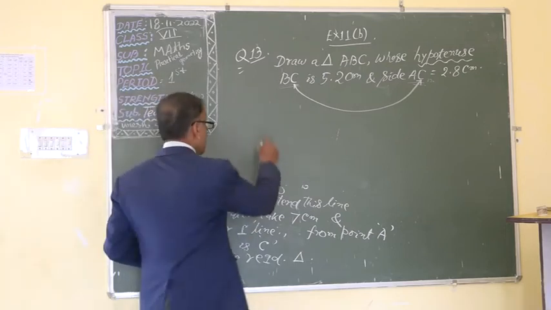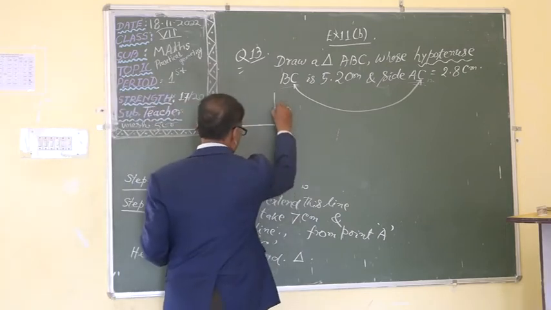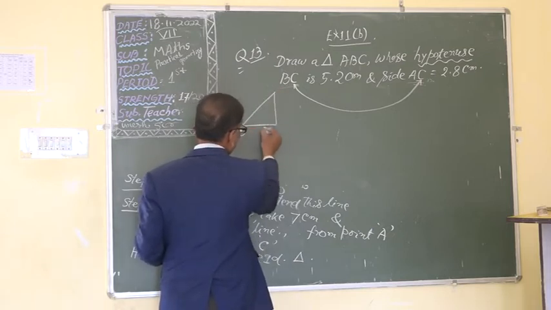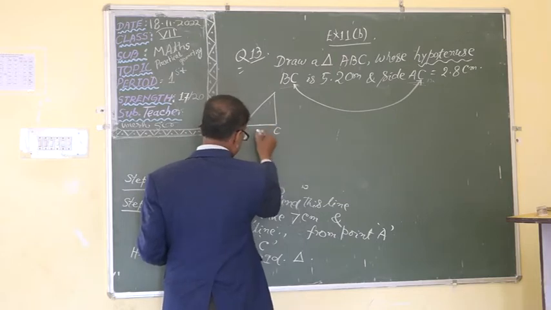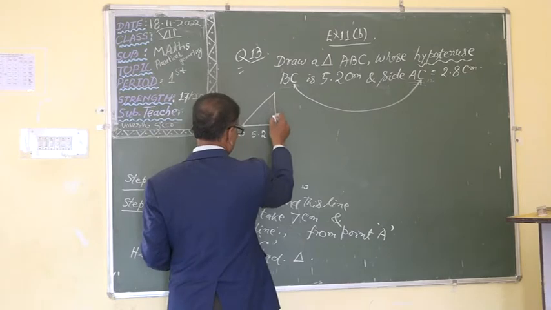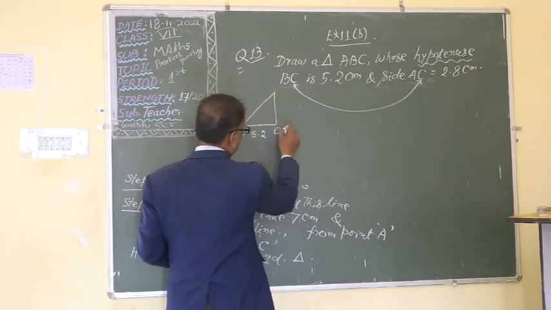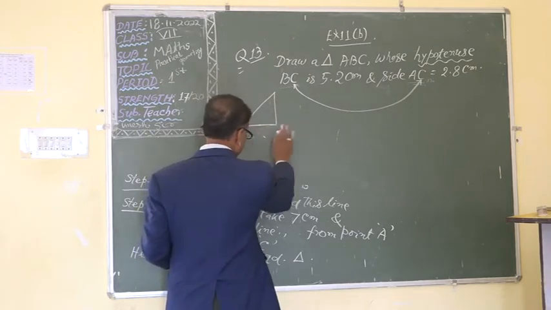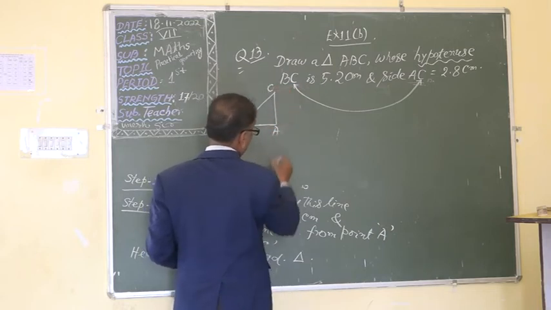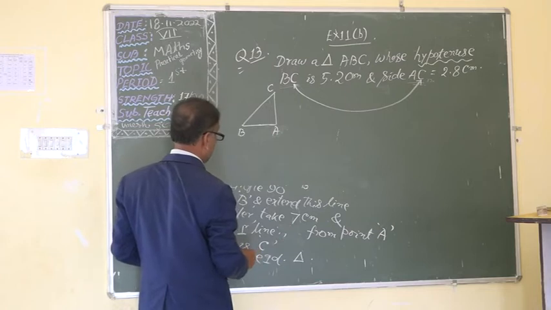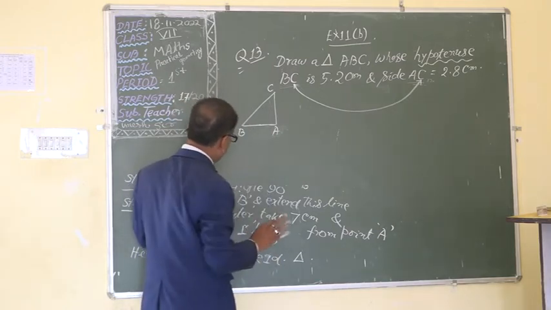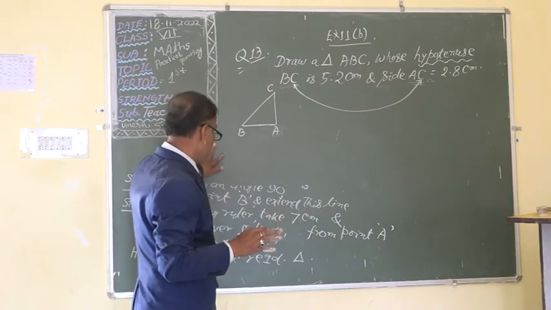Okay, so here I am drawing the triangle, rough diagram. BC is given 5.2.